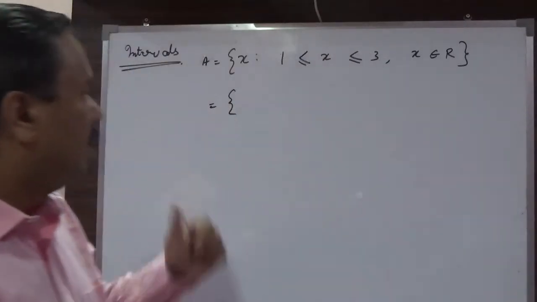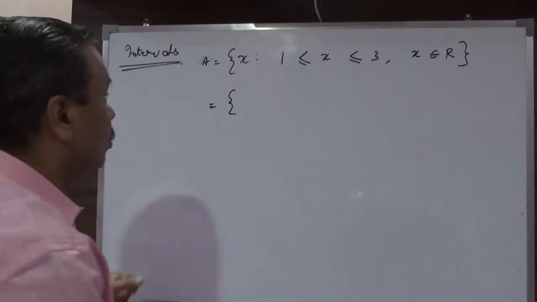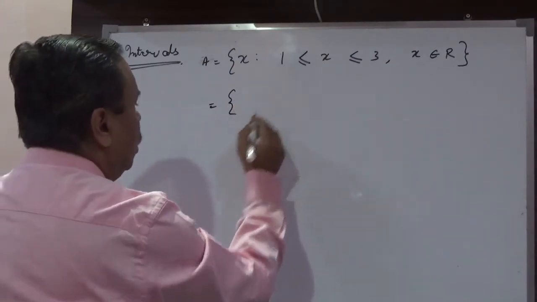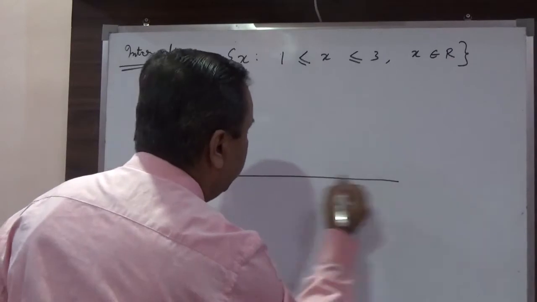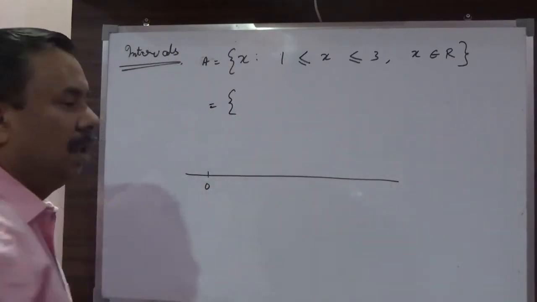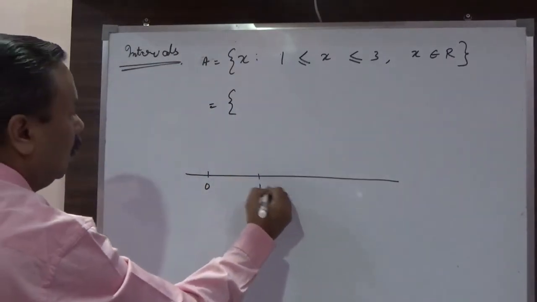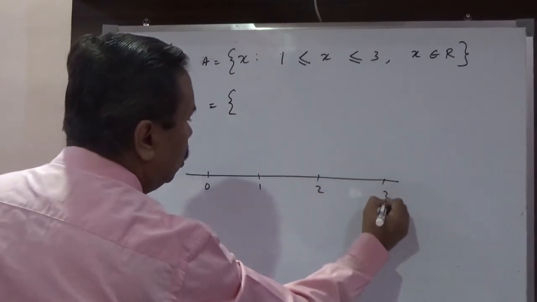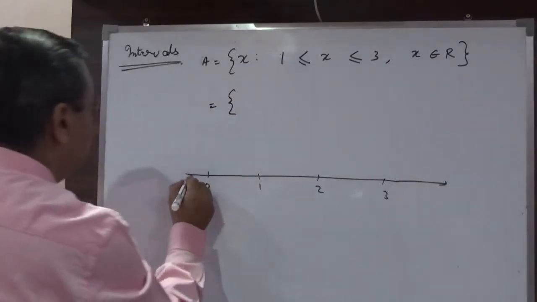Now, what does it mean? On the number line, this is 0, 1, 2, 3.